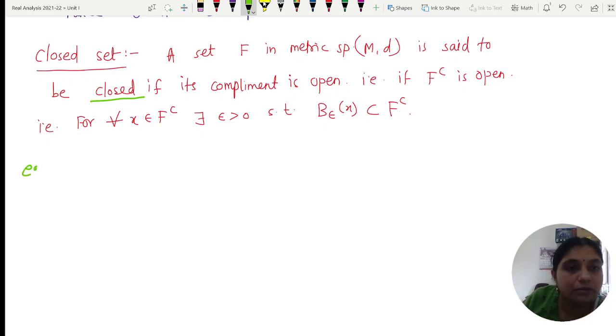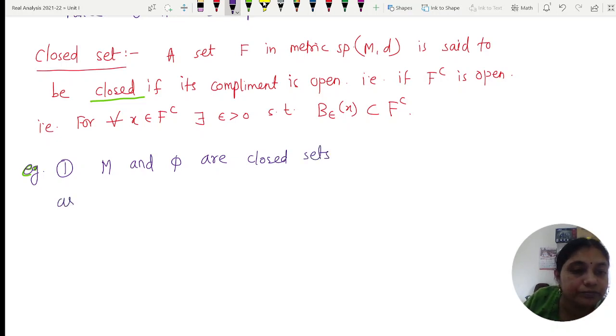For example, what about trivial closed sets? M and phi are closed sets because what is their complement? M complement is the whole space complement, which is empty.